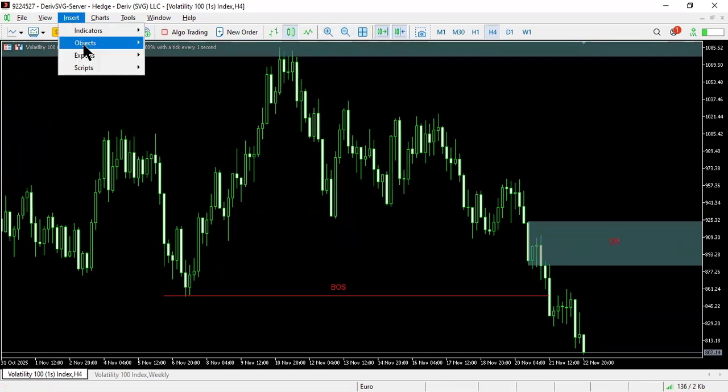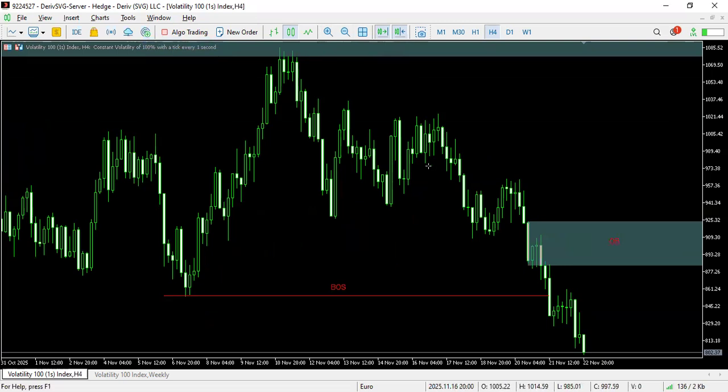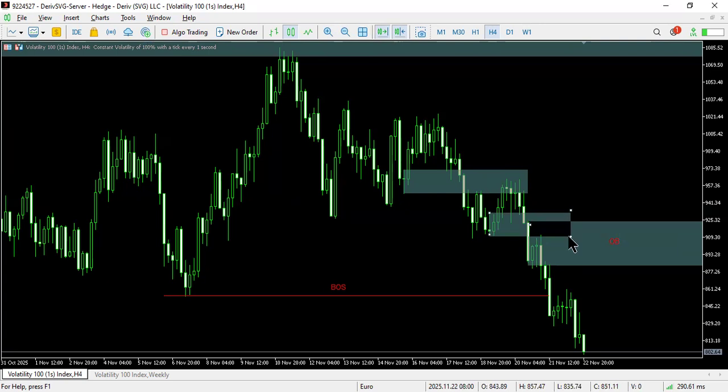Let me study the price action that happened to see if all the other blocks have been mitigated. All right, that one has been mitigated. And then we have that order block, which price already mitigated. So it's unrealistic to wait for price at that level since that order block is mitigated already.